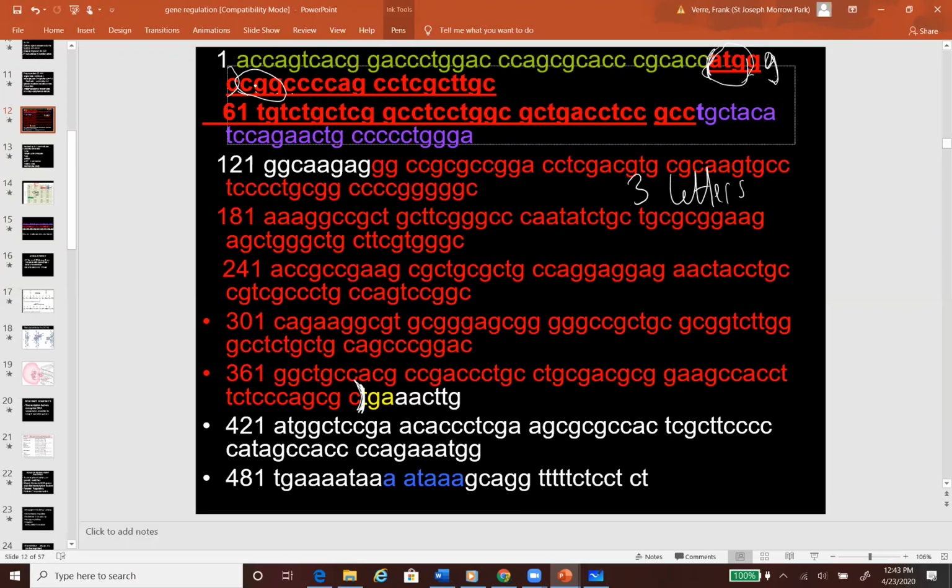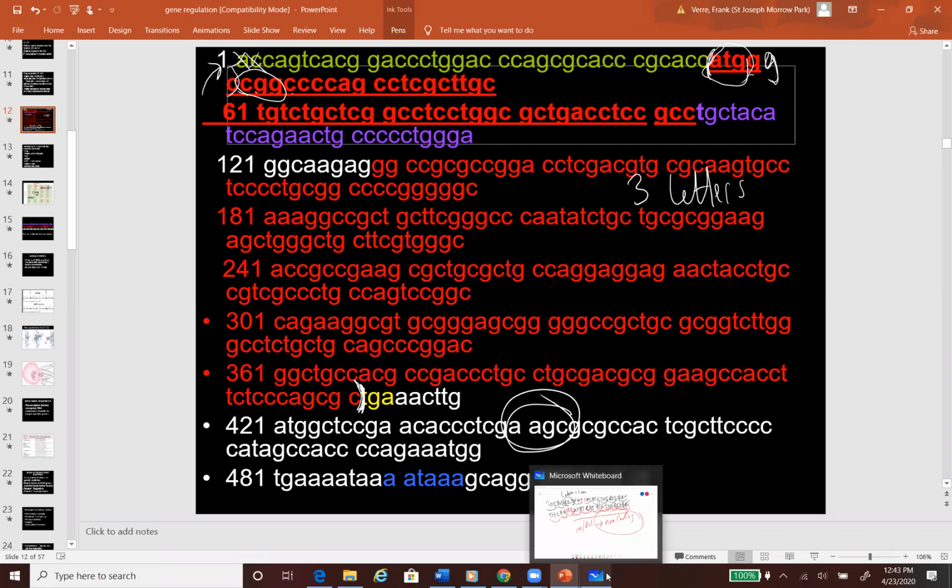So everything gets affected. But if you have insertions and deletions in the non-coding section, it's actually okay. It might not make any difference at all. If I take away a letter here, or maybe I take away 2 letters, or maybe I add some letters here, or in this region, this does not get read 3 letters at a time, which means insertions and deletions in the non-coding areas are tolerable.